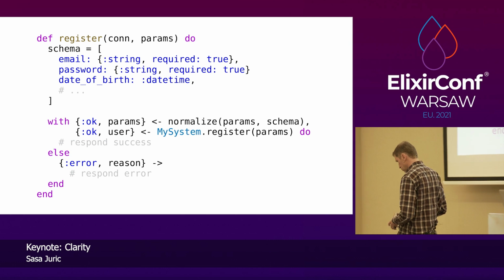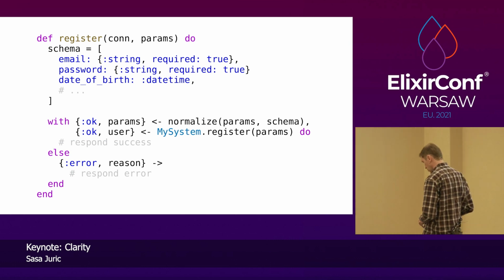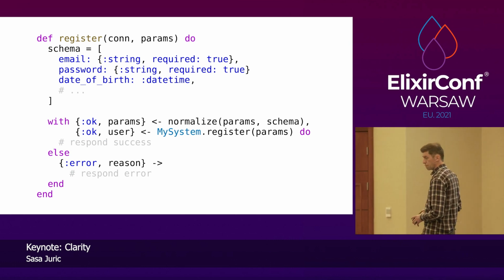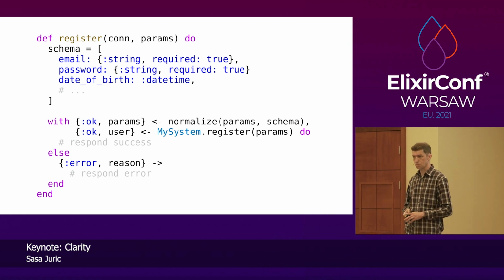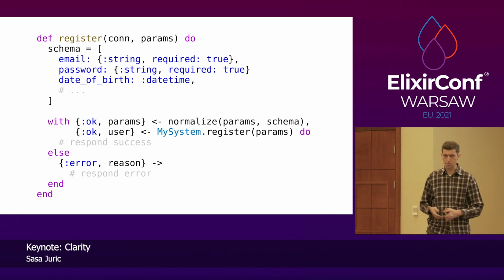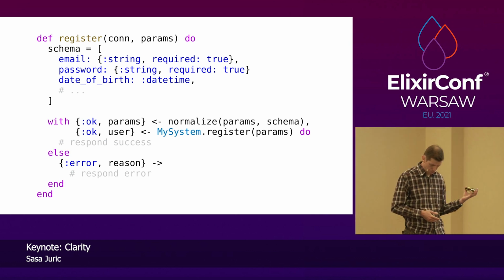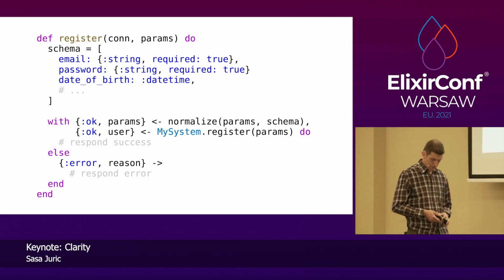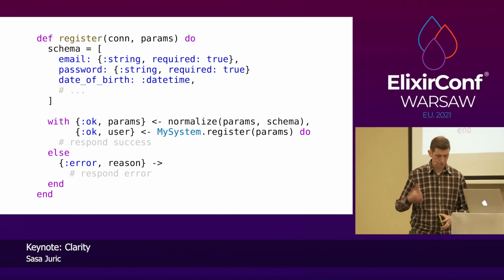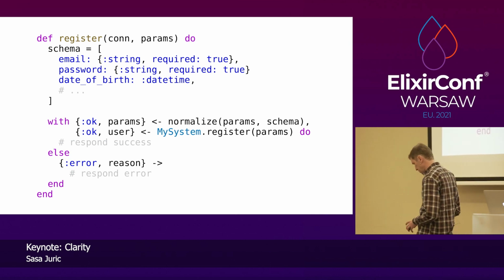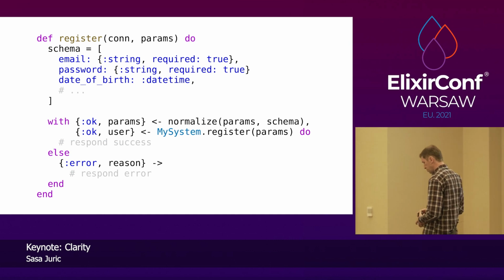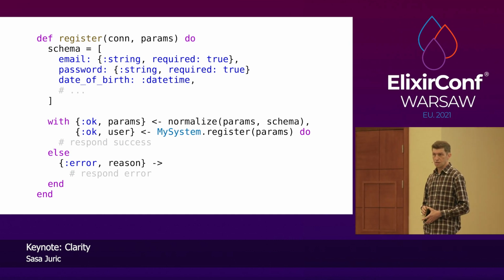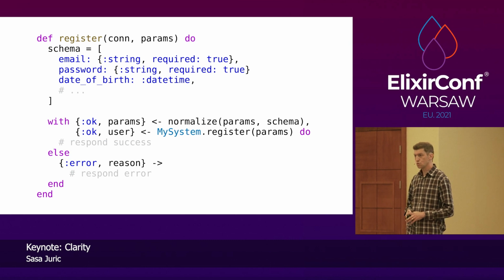And so we have to give structure to this, and this is what I like to call normalization, to distinguish it from validation, right? Validation to me is about enforcing business rules and constraints. Normalizing means just giving structure to unstructured data. And how do I do this? I define a schema where I describe the fields I expect and the types and optionality, and then I invoke a helper private function called normalize, which unfortunately I don't have the time to show you.